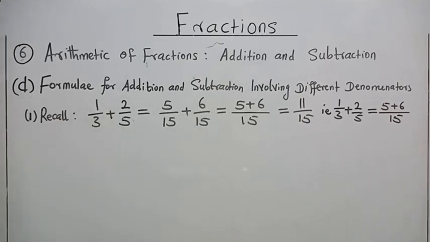All right, let's make progress. At this point, let us concentrate, having known that this is correct, on this final result. 1 over 3 plus 2 over 5 is equal to 5 plus 6 over 15. Let us find out how this 5 came to be.